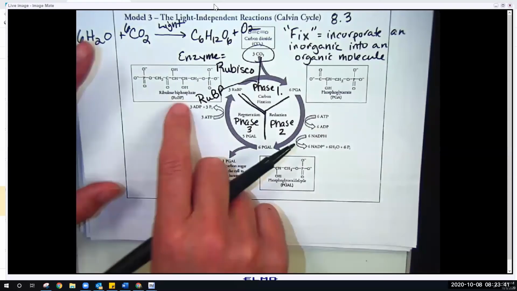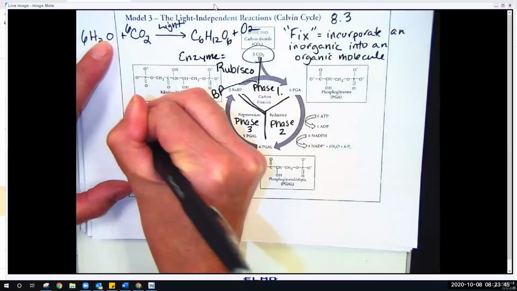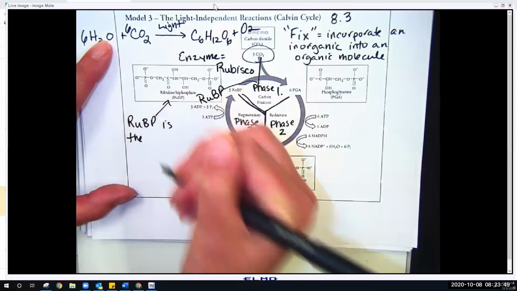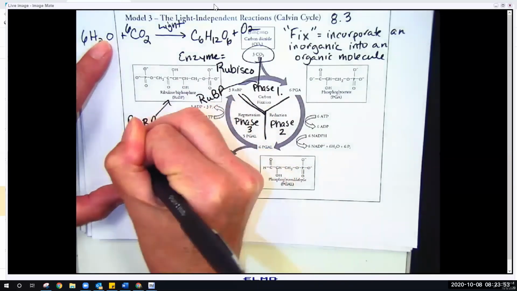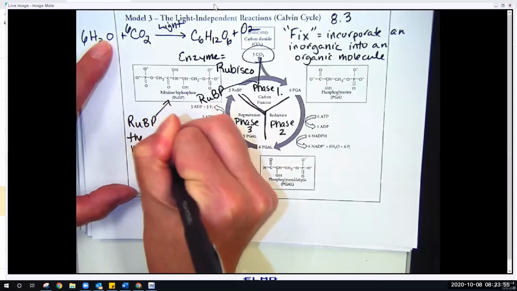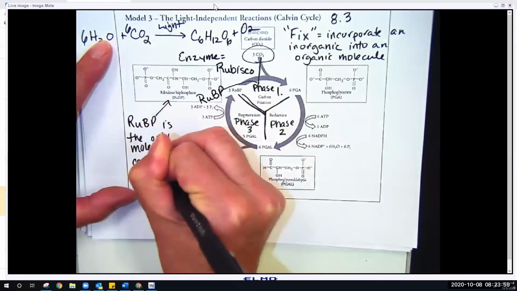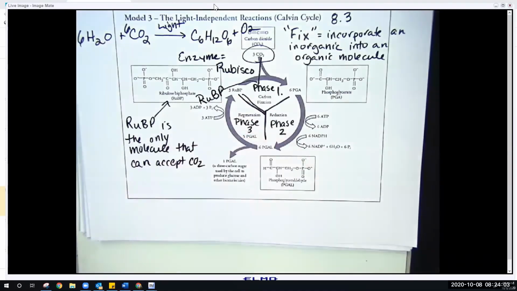This molecule is important because RuBP is the only molecule that can accept carbon dioxide. So if we don't have RuBP, we can't fix carbon dioxide, and we can't incorporate it into organic molecules.